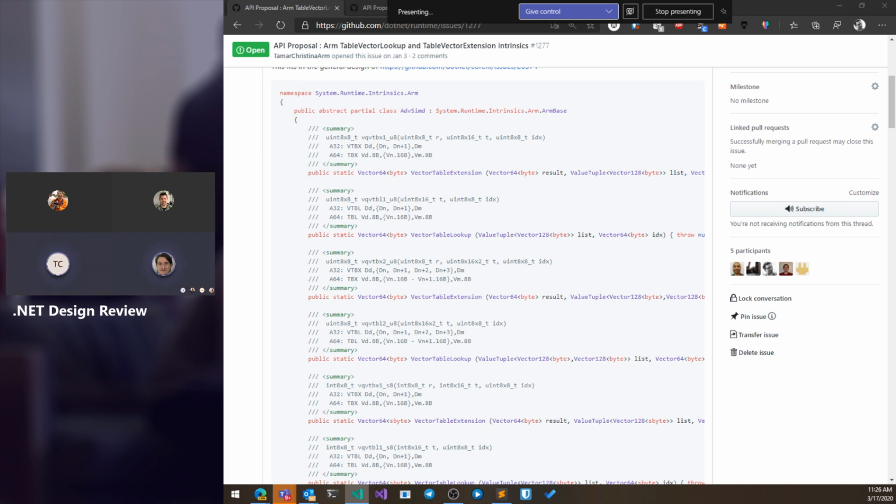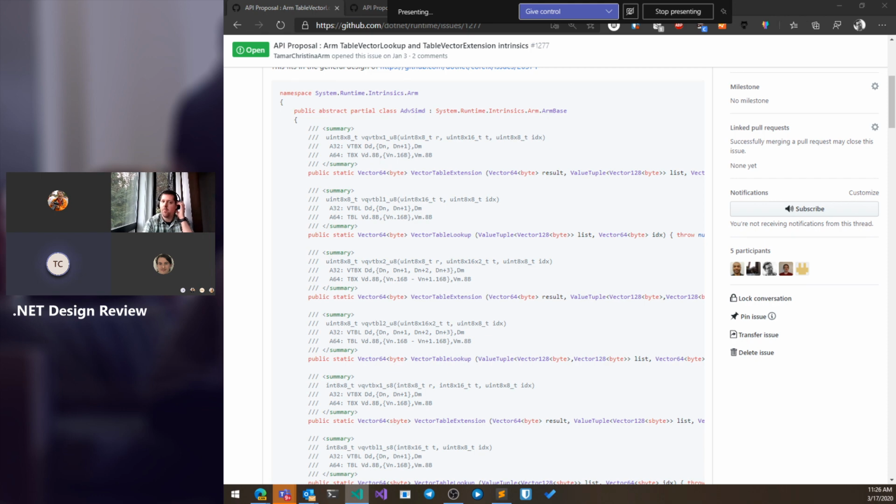Right, so essentially a table vector lookup is a pretty simple instruction. It takes a list of registers that must be consecutive and a list of element indices inside these vectors, and then returns to you a new vector. Because of this constraint that the registers must be consecutive, I created a new type, or basically based it on a tuple.